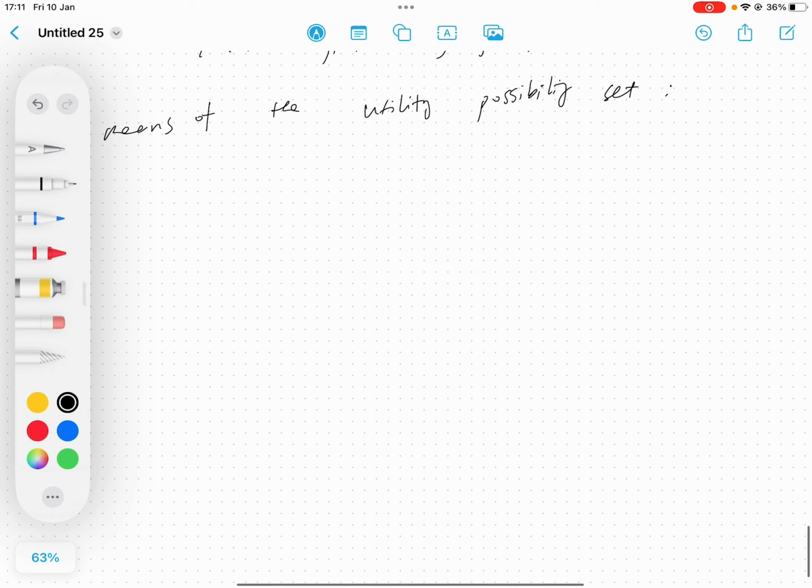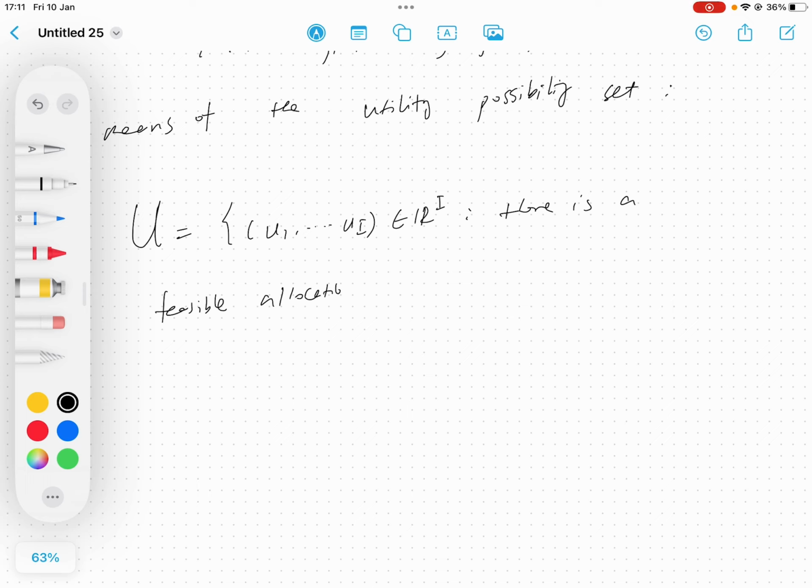So that's going to be, where we have this capital U. So this set is some set where we include all those families of utility functions, u_1 up to u_I, okay, such that there is a feasible allocation such that u_i less than or equal to u_i(x_i) for i from 1 to I.